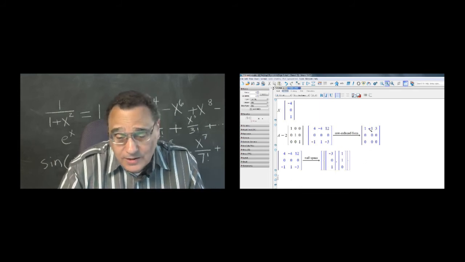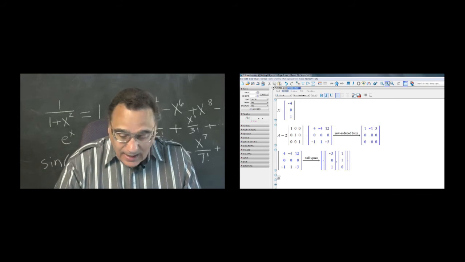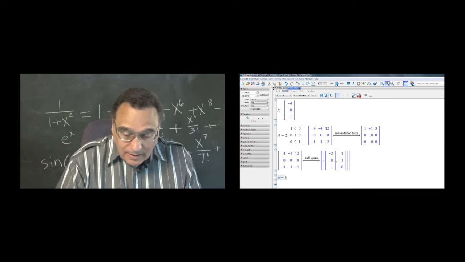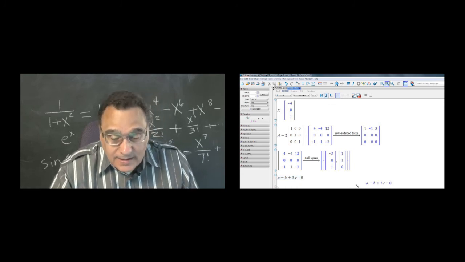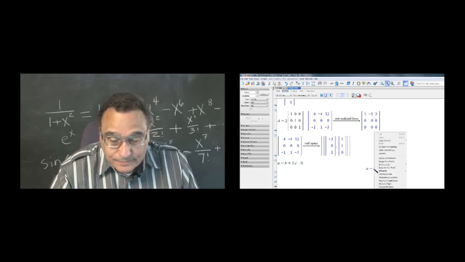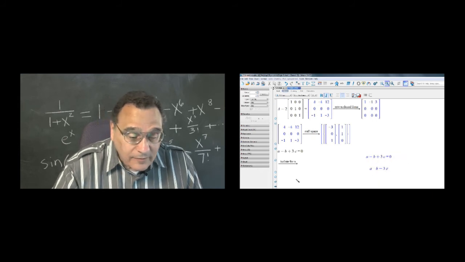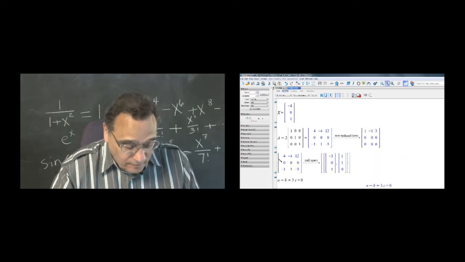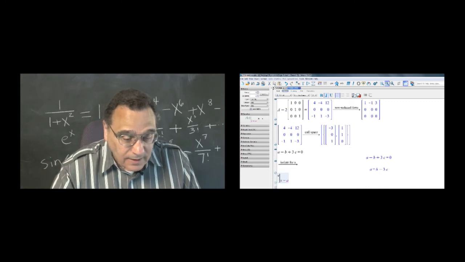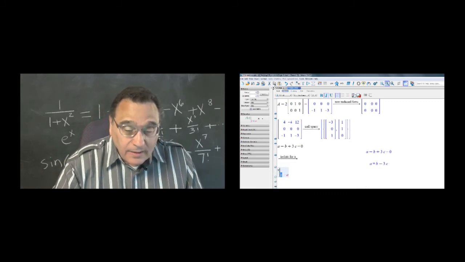So this first equation up here is A minus B plus 3C equals 0. And if you isolate the A, how do we do that? Solve. Isolate expression for A. And if we take the vector V, we've got to keep moving that, and evaluate it.